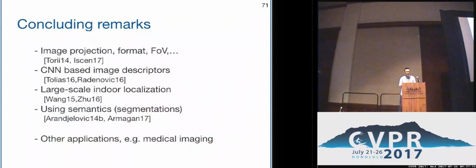So, to summarize, I think there are still some interesting things, even for feature-based place recognition. What we still have to think about is, for one, image projection models.